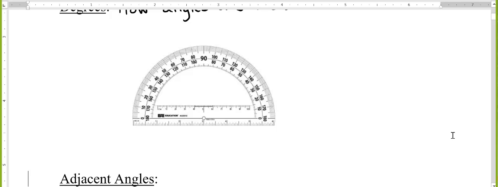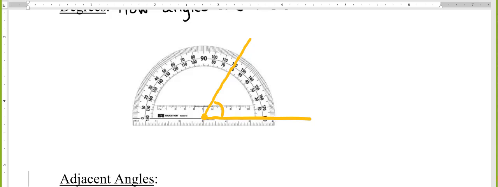So you put the vertex here, you extend it, that's one side, and then you line up and see, can you tell what the degree measure is for this angle here? What does that angle equal?